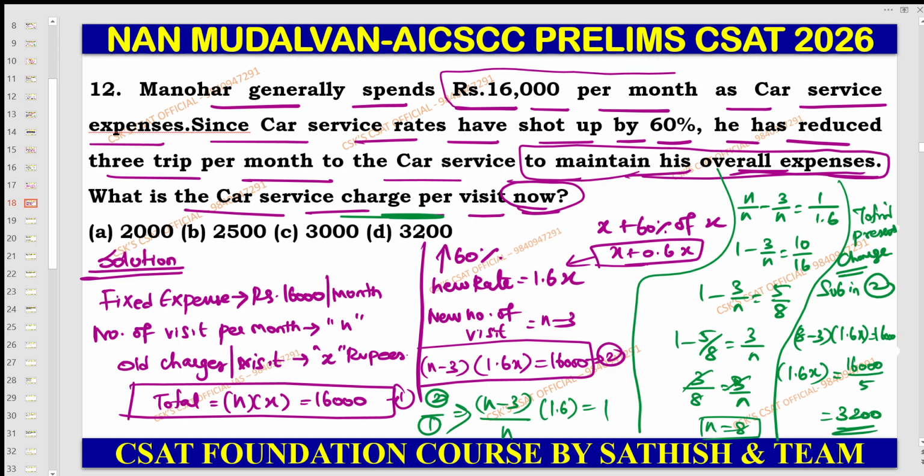If you want, you can mark here itself: to find 1.6x. If you are finding x, that is the old one. But what is the car service charge per visit now? 1.6x. Guys, getting everyone?